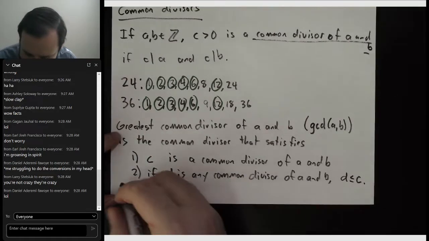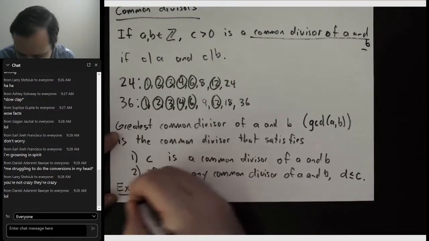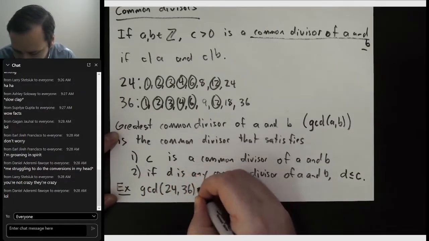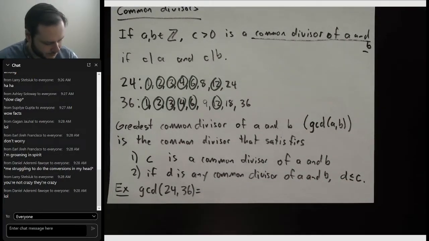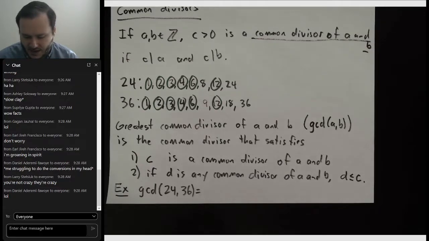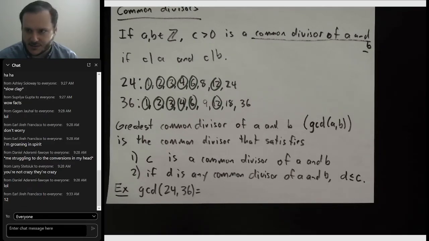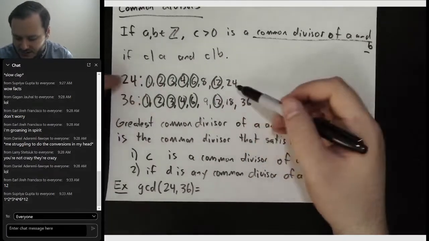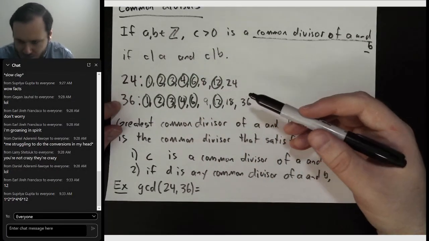Okay, so what is the GCD of 24 and 36? What is the biggest number that divides both 24 and 36? Yeah, good. If we look at our list of divisors for each, we've listed out all the divisors, we circled all the common ones.